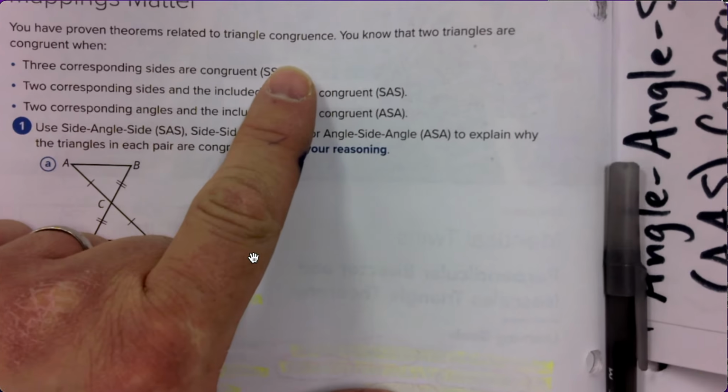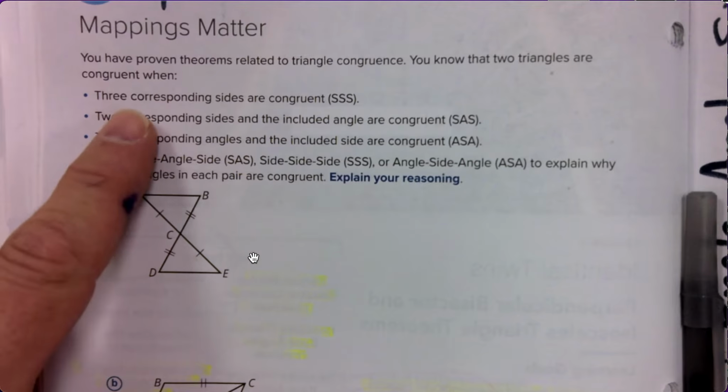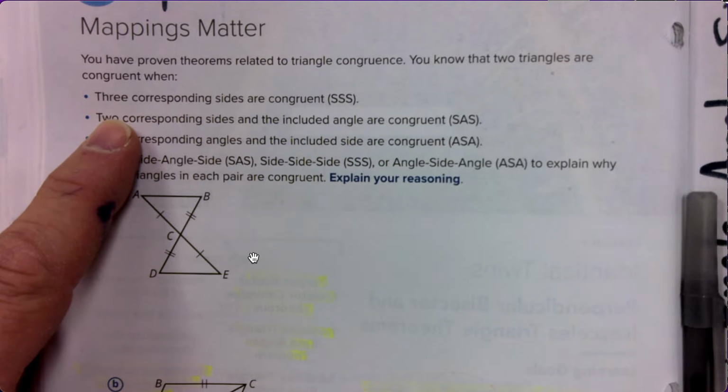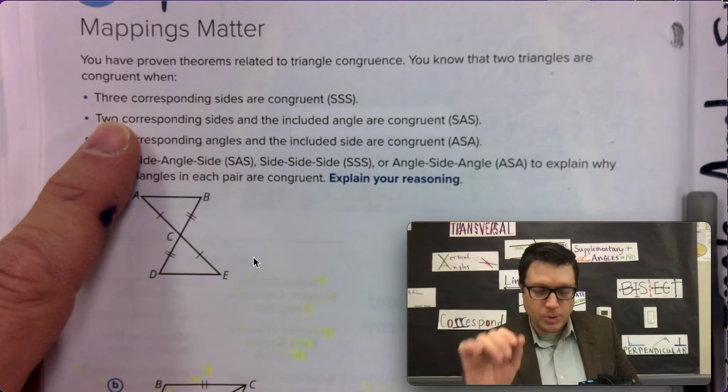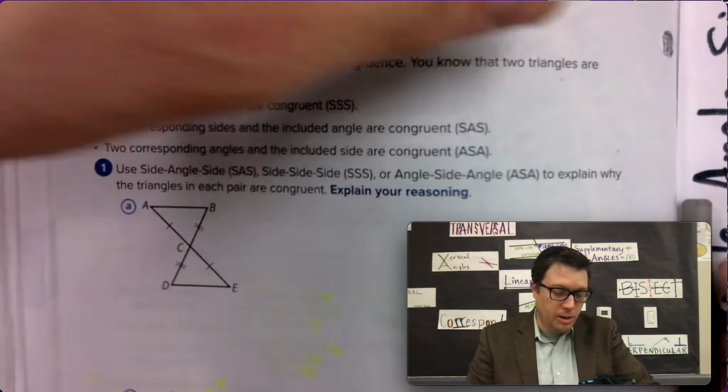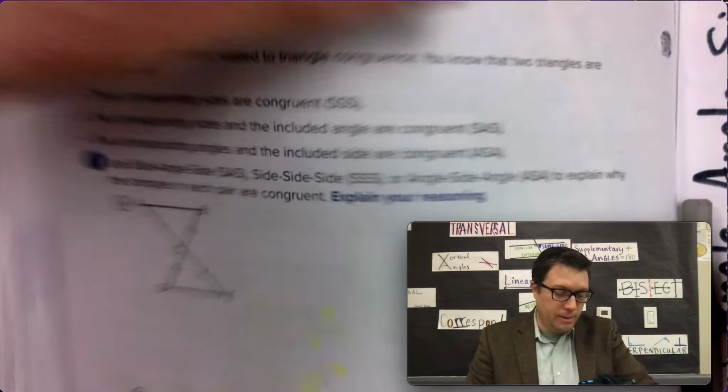You know that two triangles are congruent when three corresponding sides are congruent. A reminder of this is all the way back on page 171, proving triangle congruence theorems.